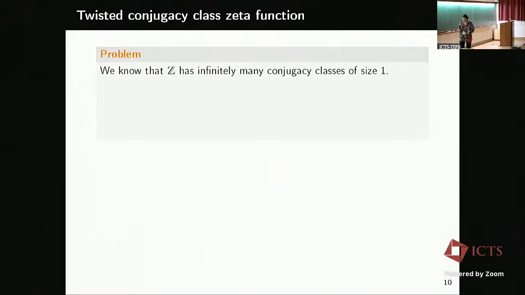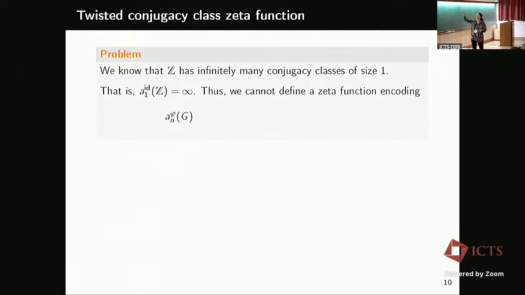I'm interested in groups for which the sequence a_n is not necessarily finite. So for instance, if you define a_n(phi, G) to be the number of phi-conjugacy classes, or Reidemeister classes, of size n, then for instance, if you take the identity, you immediately have infinitely many. So you cannot really define a zeta function using that data.